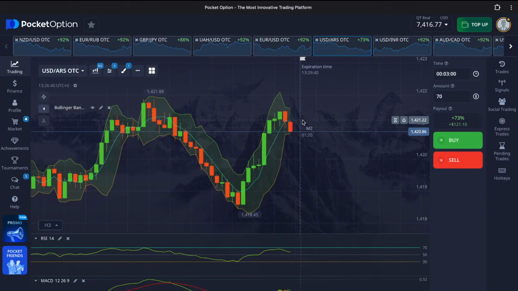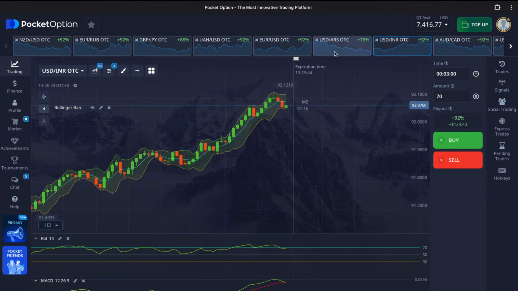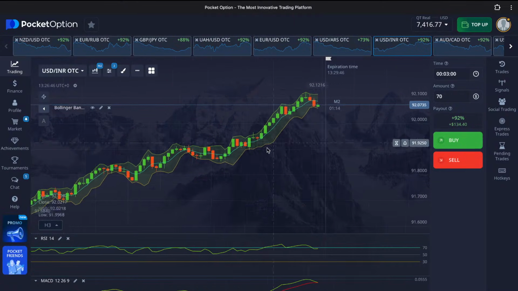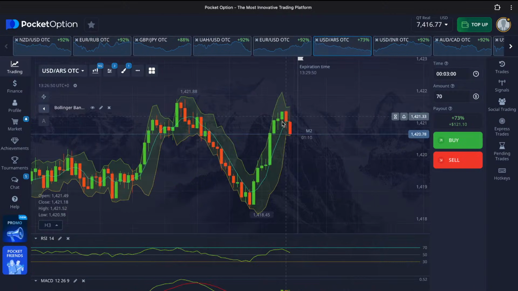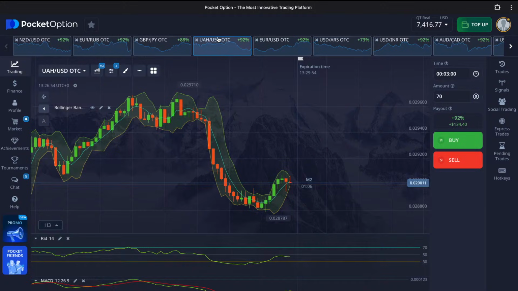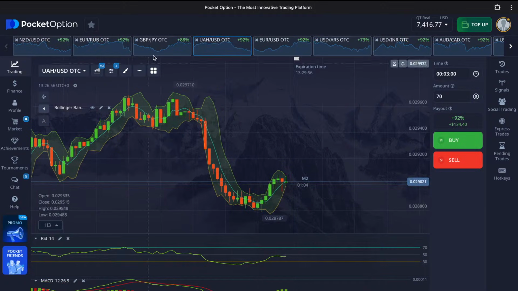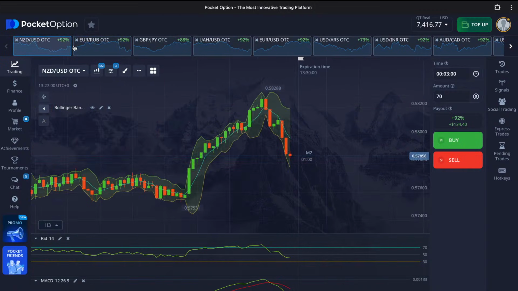Here could be also pretty good though, and here as well. But here's the question because we got this kind of corrective candles before. Here is 73% payout. That's what I don't like about that. Here is again, it's reversing downwards. As you can see, there are not many options we have.